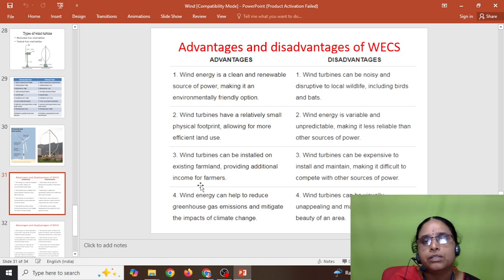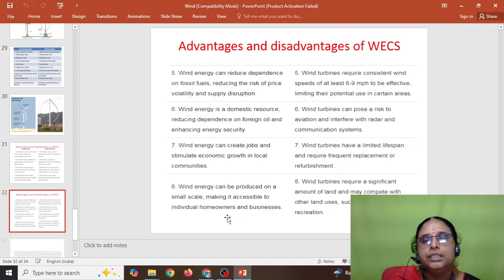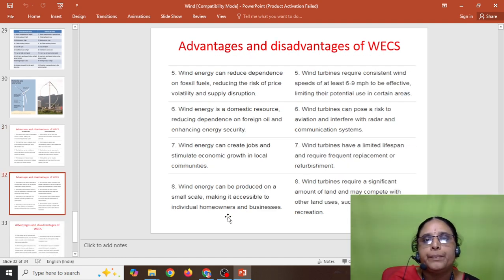Wind turbines can be installed on existing farmland, providing additional income to farmers, and wind energy helps to reduce greenhouse gas emissions, that is CO2 emissions. Wind energy can reduce the dependence on fossil fuels, reducing the risk of price swings. And wind energy is a domestic resource, reducing dependence on foreign oil and enhancing energy security.